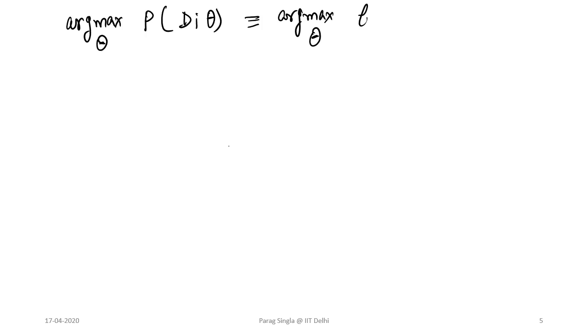So what is our objective? Our objective is to find these theta parameters, and we are not committing to a specific form of the probability of data parameterized by theta. This is equivalent to finding the theta parameters which maximize the log probability of data parameterized by theta.